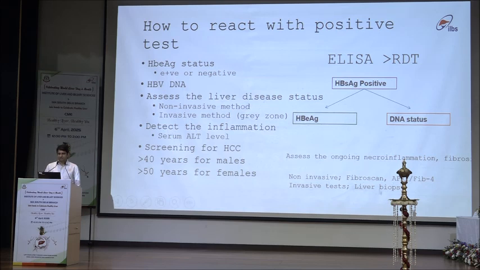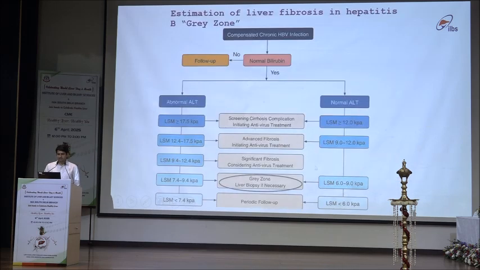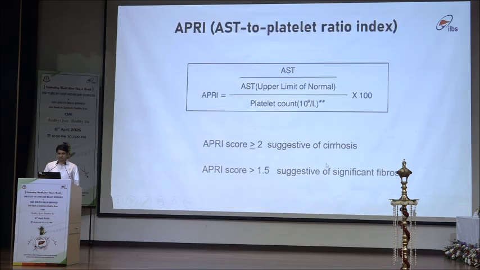Non-invasive fibrosis assessment like APRI, FIB4 and FibroScan if available. Invasive fibrosis assessment is not required and is basically a tool for research purposes, that can be done in patients with high ALT with liver stiffness between 7.4 to 9.4, and in patients with normal ALT and liver stiffness between 6 to 9 kilopascals.